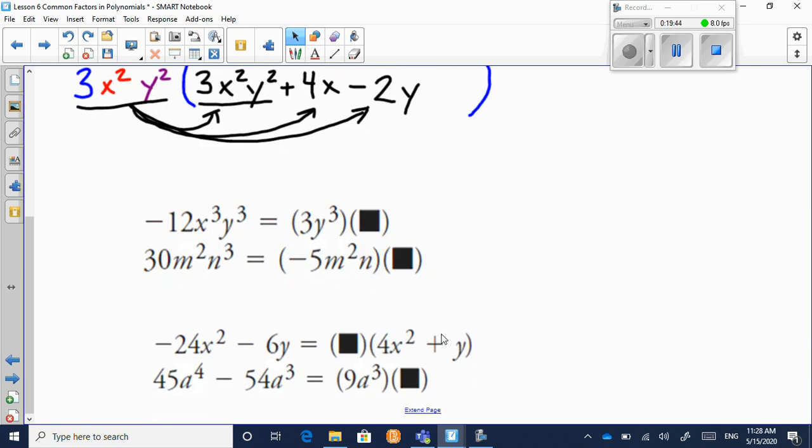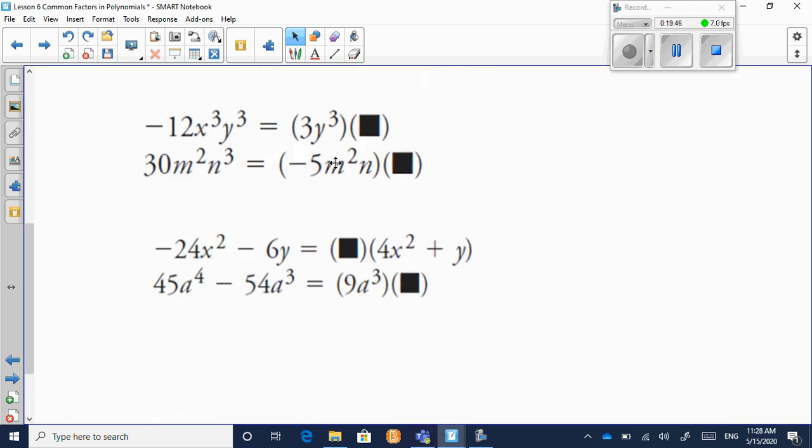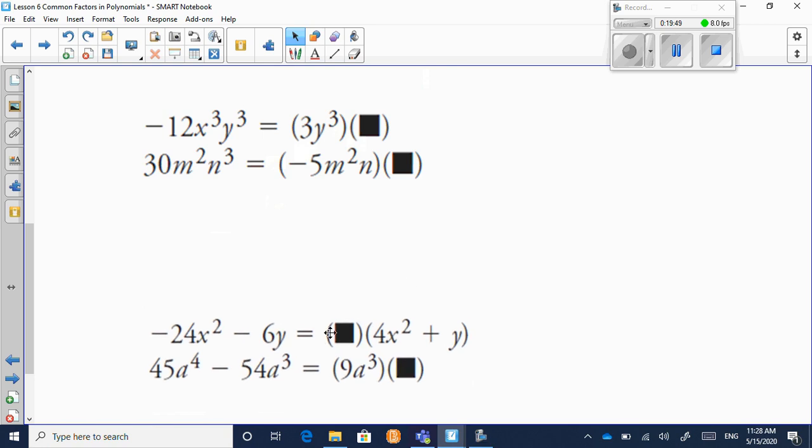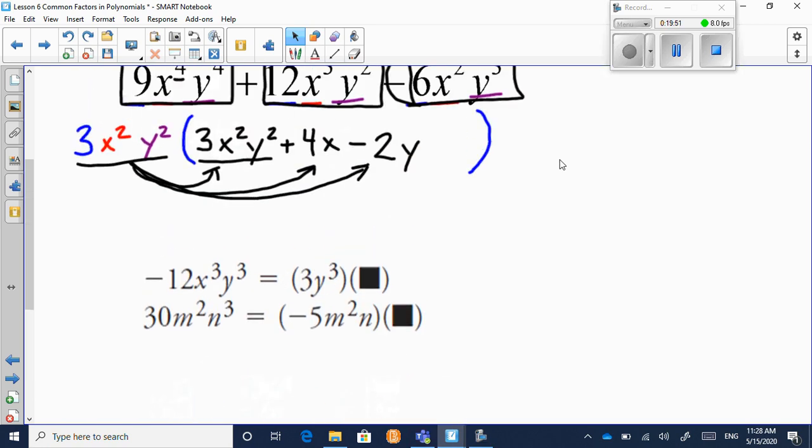Sometimes I'll show you a couple more examples because these are similar questions that you'll have for homework. In some cases they put a box there to say, what would go into that box so that when you multiplied it by the box, you end up with this term? Well, let's think about it. What would I multiply by 3 to get negative 12?